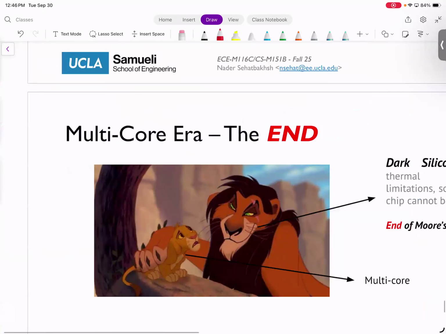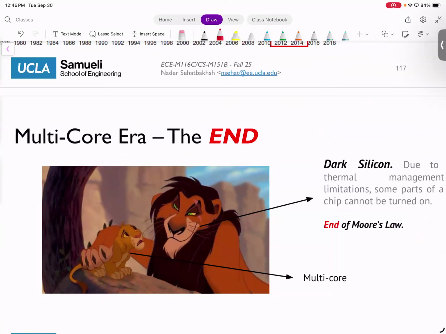Another problem that we face is what we call dark silicon. I told you that yes, you can separate these cores and power them separately. But at some point you need to power the cores in a very confined area. People showed that at some point you cannot add more cores because you literally don't have enough power to power them on. So you will have what we call dark silicon, which is part of your silicon that is not being powered, and it's dark.